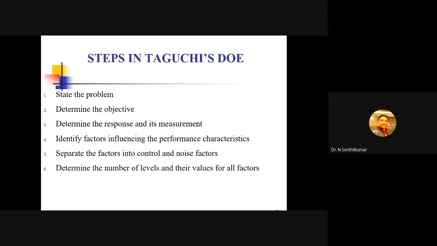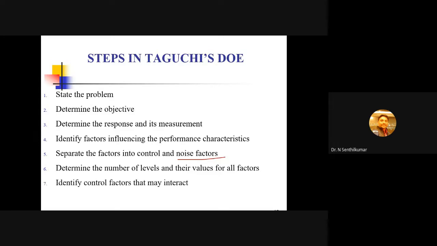Then I have to segregate. In the noise levels, something I can control and something I cannot control. For example, in your experiment, the atmospheric temperature or the pH, we can control at something, but something we cannot control and it is beyond our limit. And dust factors we cannot control. So those are all noise factors.